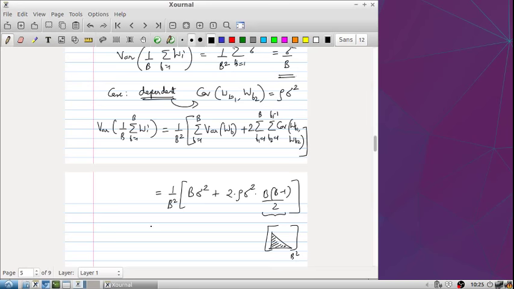So here you can see that this is equal to sigma square by B plus rho sigma square minus rho sigma square by B. I just expanded; first of all, the 2 and 2 cancel, one B term cancels, and one term involves just rho sigma square.